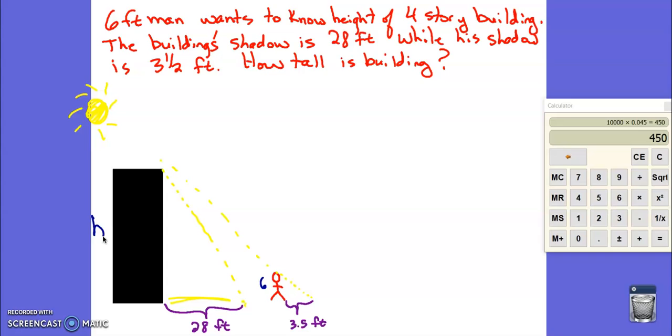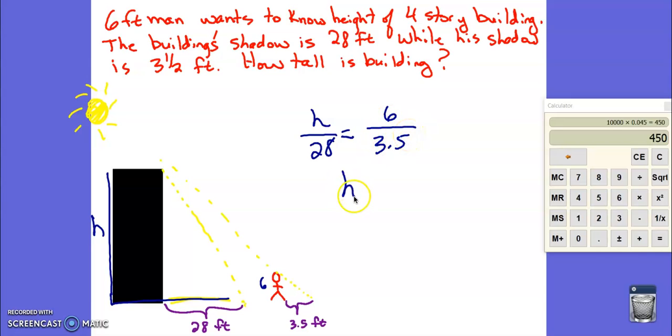Because these are similar triangles, coming from the same sun, we're going to set up the ratio h over 28, the height over 28, which is the same thing as 6 over 3.5. And then all you have to do is solve that. So h equals 48. So that's how tall that building is. A 4-story building, 48 feet tall.